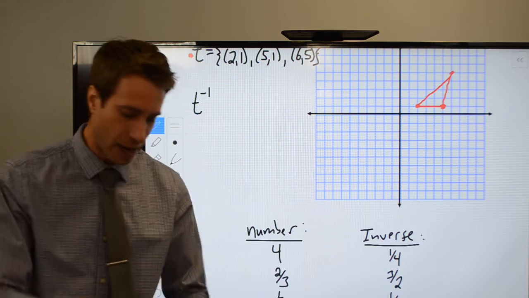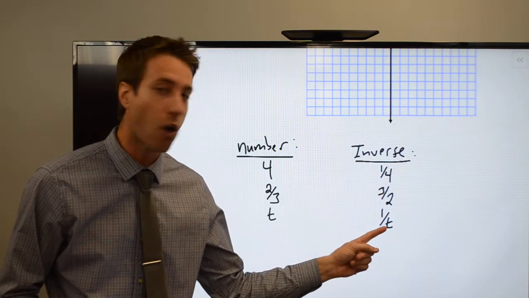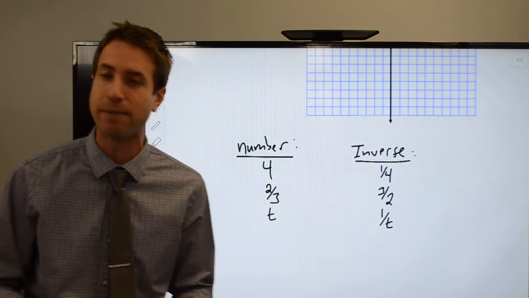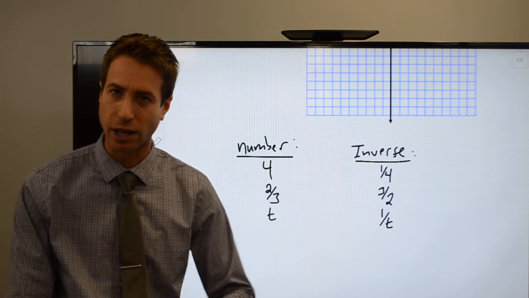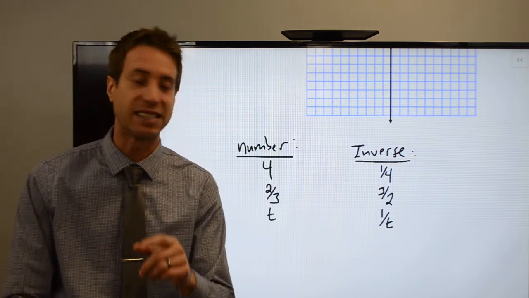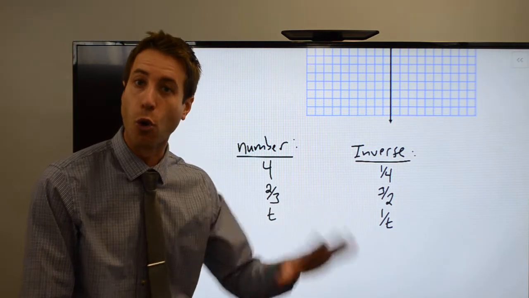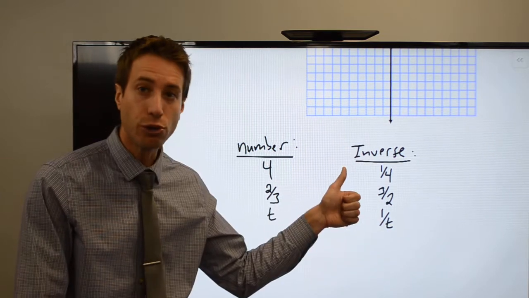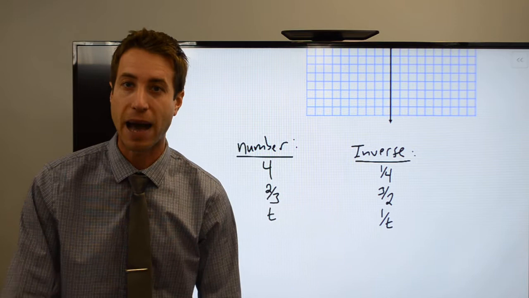But instead of writing it, let me slide up a little bit so you can see it. Instead of writing it as 1 over t and calling the inverse relation 1 over t, we have that neat little property of exponents we talked about a while ago. And that property says you can bring a variable or a number from the denominator to the numerator by changing the sign of the power, right?